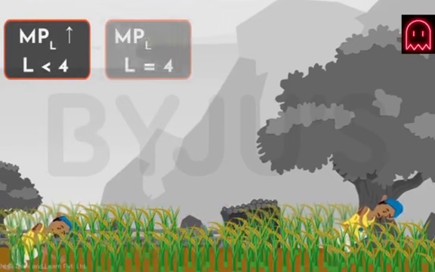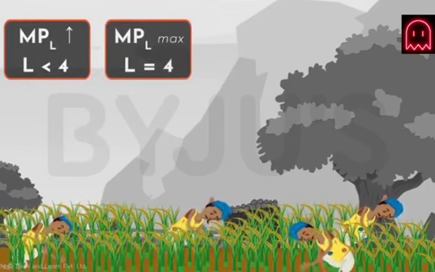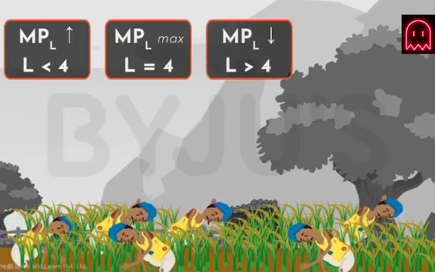MPL would be maximum when 4 workers are employed and must start diminishing when more than 4 workers get employed in the same farm. Thus, the law of variable proportions considers the possibility of a rise in MP so long as the fixed factor is not fully utilized. We will understand this better when we see the shape of the MP curve a bit later.